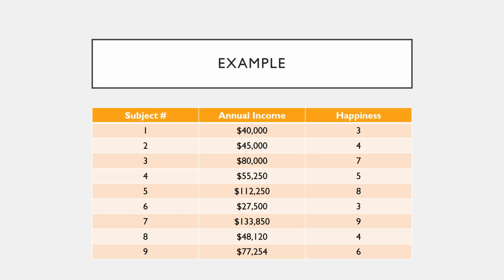You'd have to give the experimental group more money, and then test whether their happiness went up. That's an impractical and not very sensible experiment to do, but that's what it would take for you to be able to say that annual income caused higher happiness.